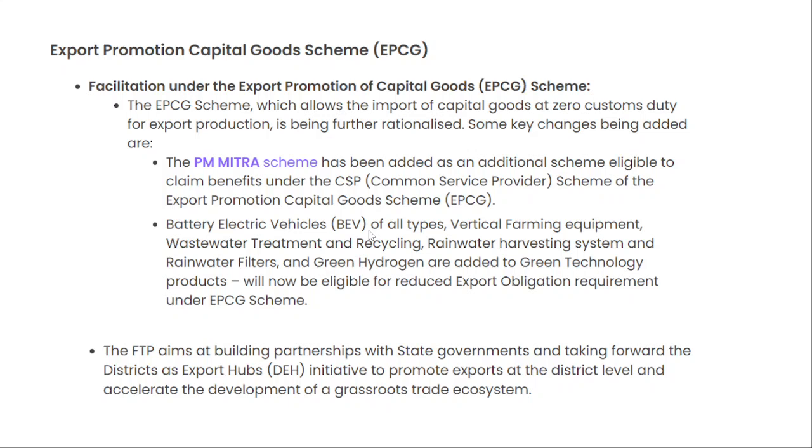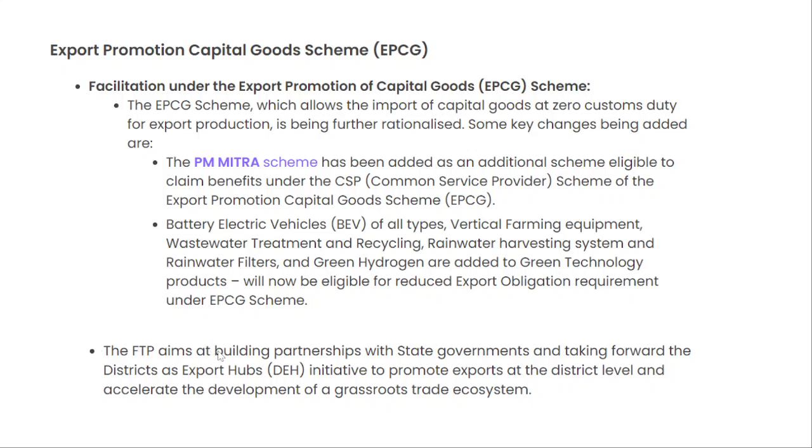We are highly dependent on imports from China, so we are trying to improve our production. Battery vehicles, vertical farming equipment, wastewater treatment, recycling, rainwater harvesting systems, rainwater filters, green hydrogen, etc. will all be eligible for the Export Promotion Capital Goods Scheme. That is, if you want to export these items and import input materials or raw materials, they will have zero customs duty.